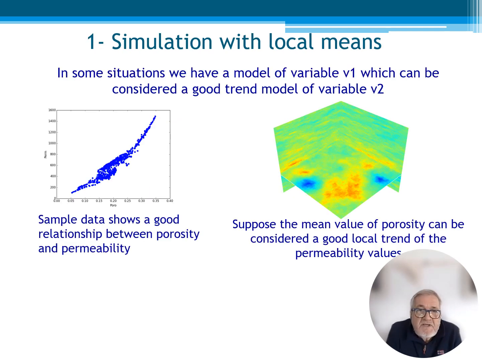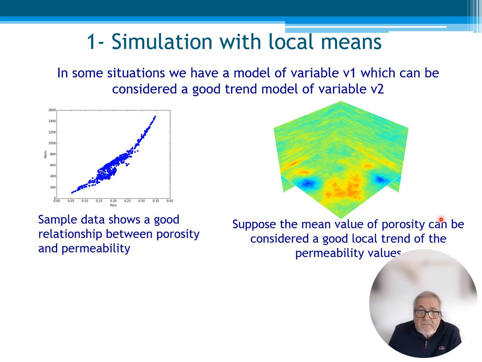So, simulation with local means. This refers to those situations where we have a model of a variable v1, for example porosity, which can be considered a good trend model of the other variable v2, permeability. For example, this is the cross plot of porosity and permeability, and you can see a good relationship.